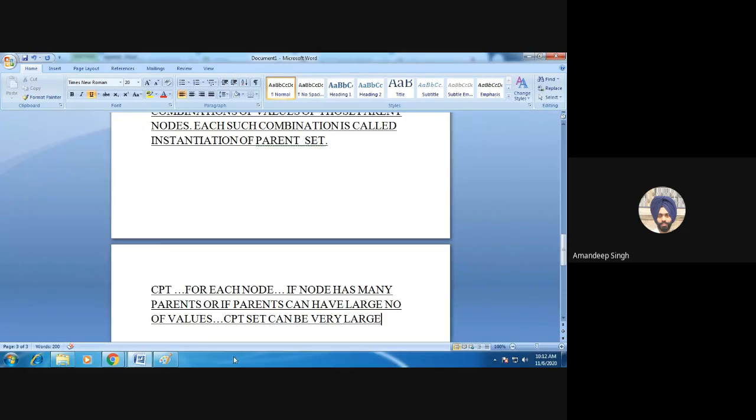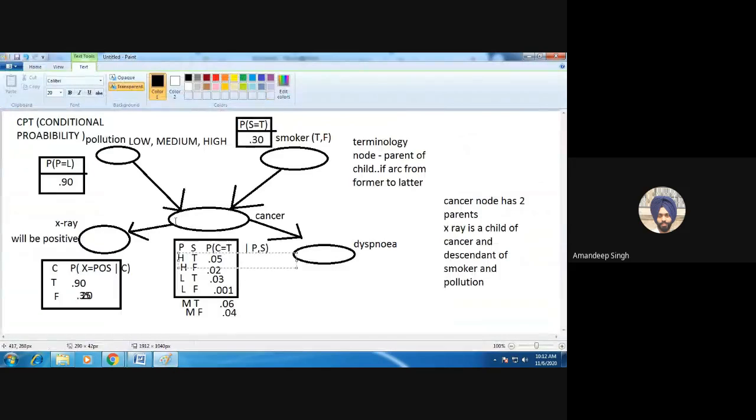So we are talking about CPTs. If we try to build the CPTs for our given problem, and if the nodes have got many parent nodes, or the parent nodes are having a large number of values, then the CPT that gets built could be very large. Fine. So that is the other side of having these CPTs in our Bayesian networks.